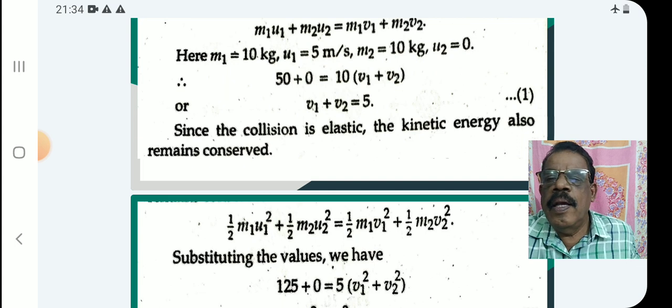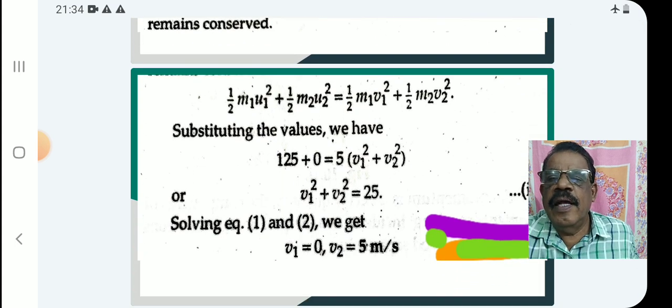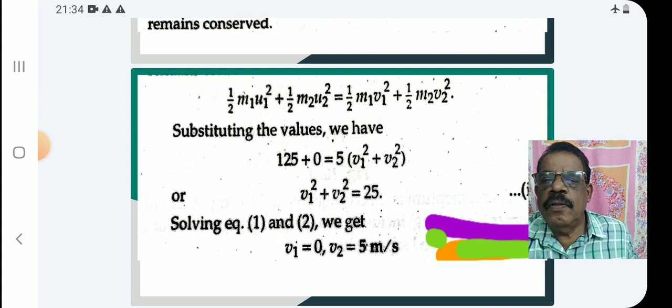Since the collision is elastic, the kinetic energy K is conserved. That is half m1 u1 square plus half m2 u2 square is half m1 v1 square plus half m2 v2 square. Half will cancel, mass will also cancel.